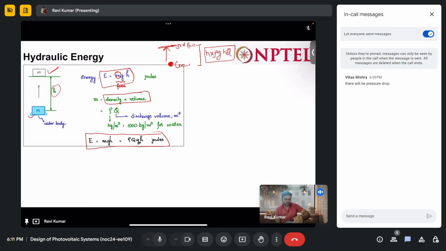It means if you discharge this water, we can get this much energy. Or in another way, this is the energy which has been spent in taking this water from ground level to the third floor.